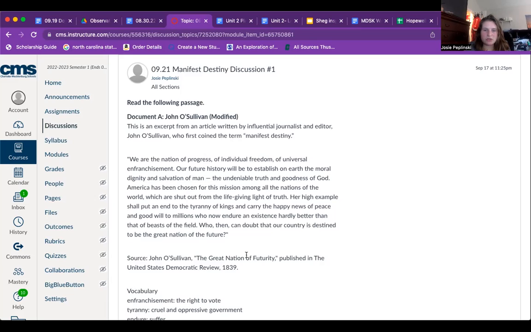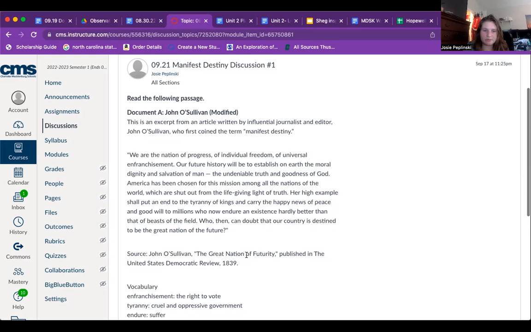America has been chosen for the mission among all the nations of the world, which are shut out from the life-giving light of truth. Her high example shall put an end to the tyranny of kings and carry the happy news of peace and good will to millions who now endure an existence hardly better than that of beasts of the field. Who then can doubt that our country is designed to be the great nation of the future?"